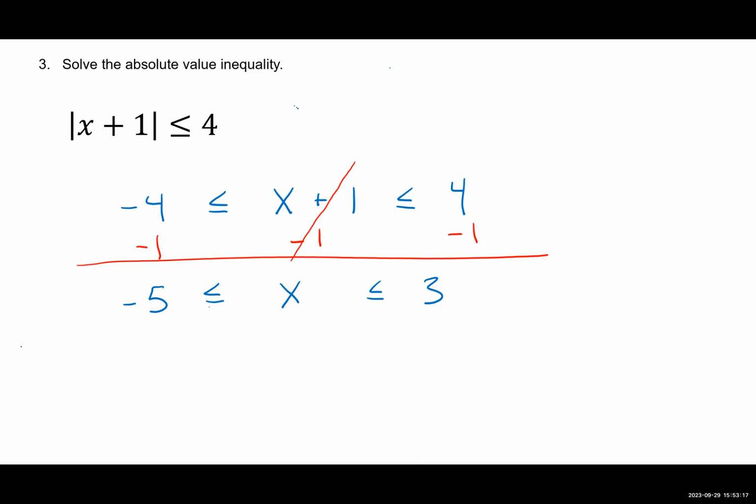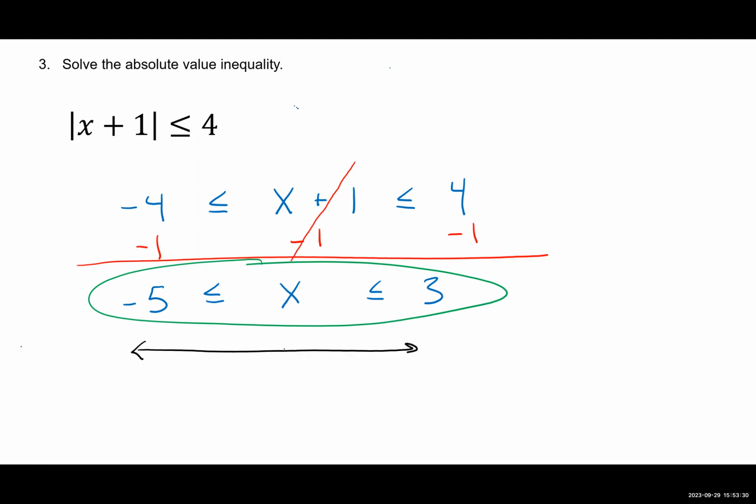So this is the answer using inequalities. We could also graph this. Okay. -5 is over here. +3 is over here. Closed circle on the -5, closed circle on the 3, and we shade between them.